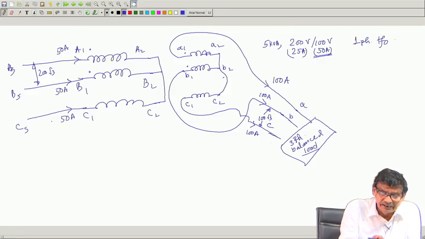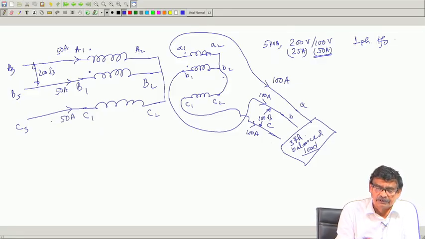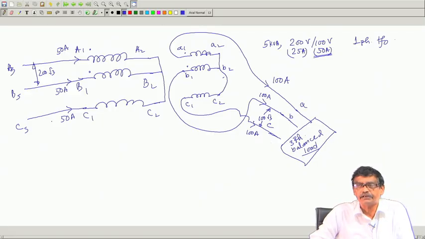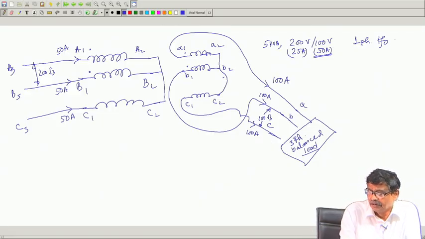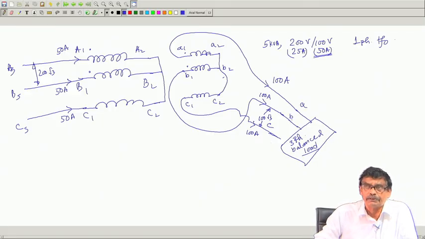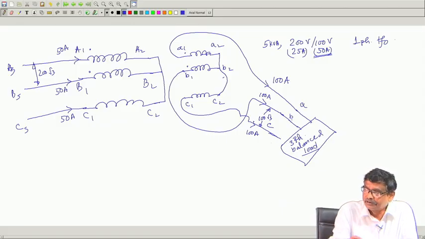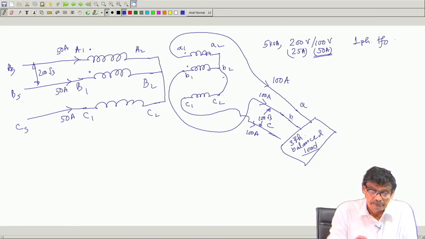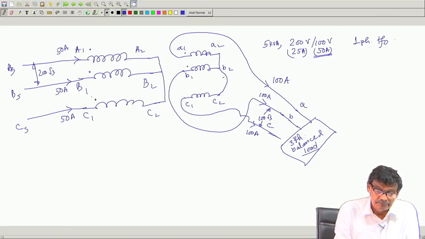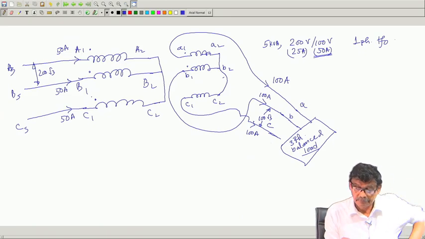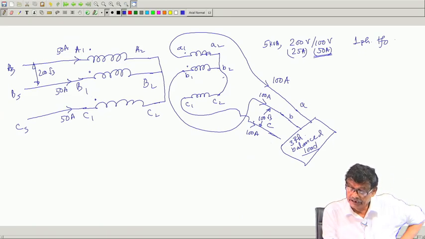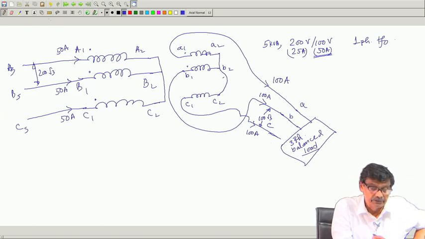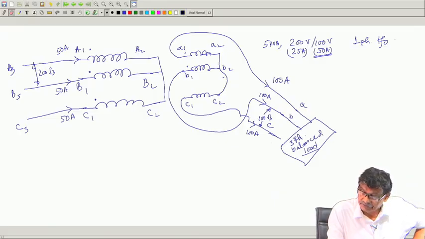Will these currents be in phase? No, not at all. They will have a time phase difference depending upon the power factor of the load etcetera, but magnitude of the currents will be the same. Oh sorry, this one is LV side, I will allow 50 ampere, thank you.